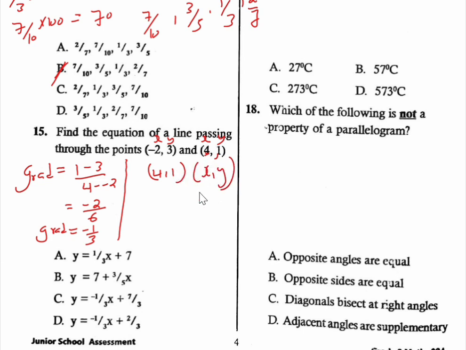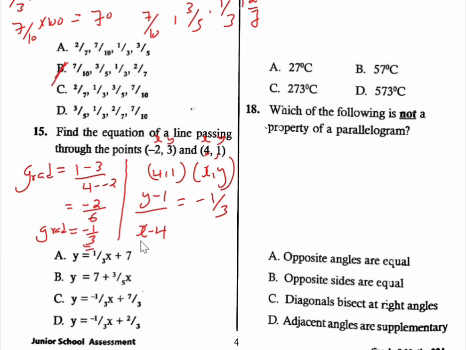Since these two lie on the same straight line, the gradient is the same, which is negative a third. So I'm going to say change in y over change in x: y minus 1 over x minus 4 is equal to negative 1 over 3.